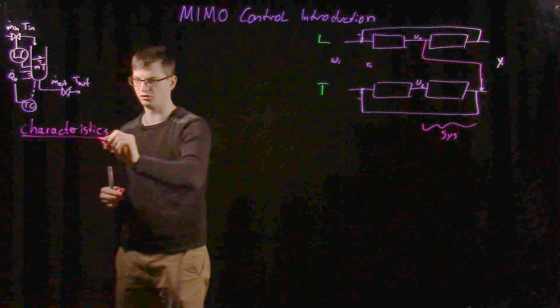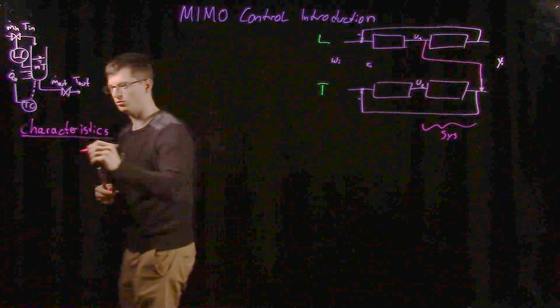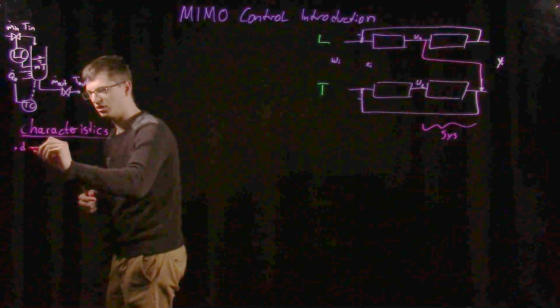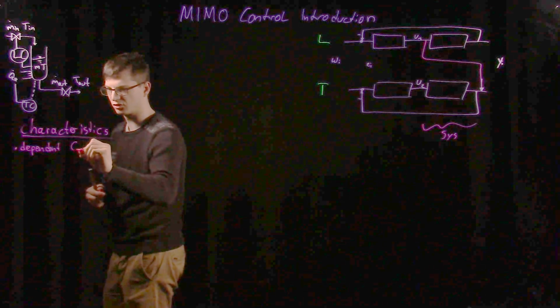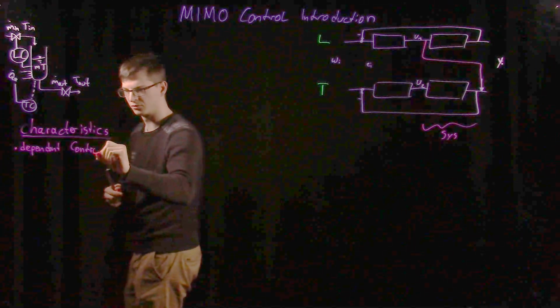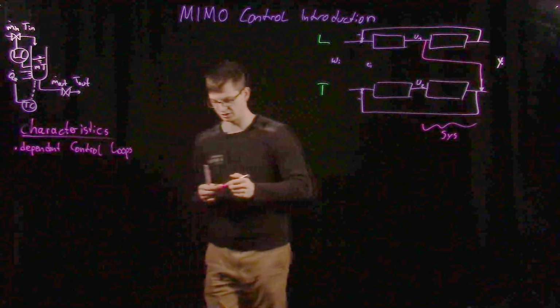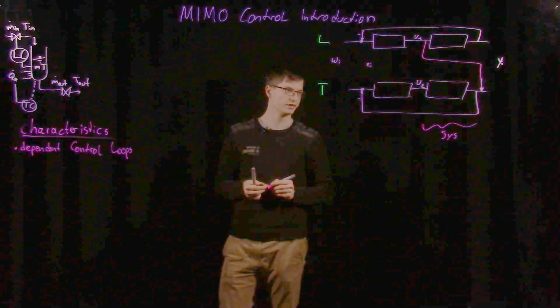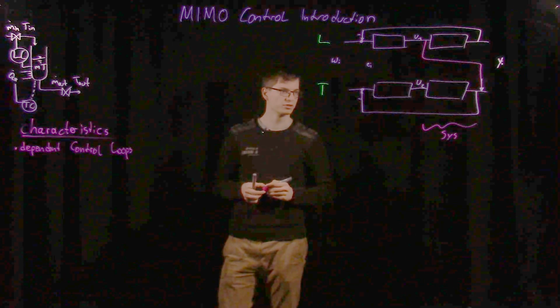It could be a tougher job, but let's write down some characteristics of this real multiple input, multiple output control. So what do we know? On one hand, we now assume dependent control systems, or dependent control loops. That's one thing that will affect us during the control decisions.